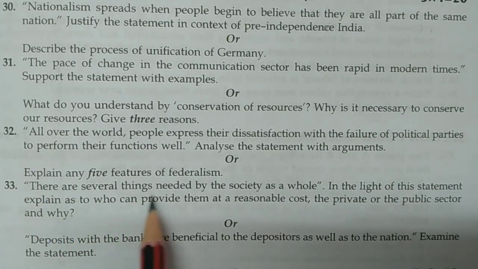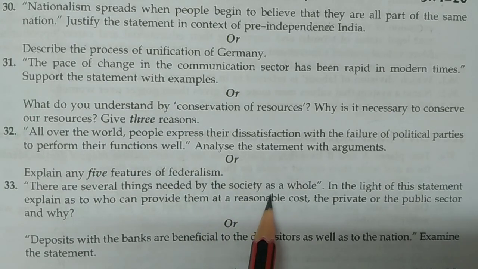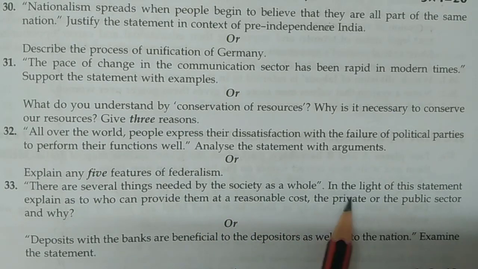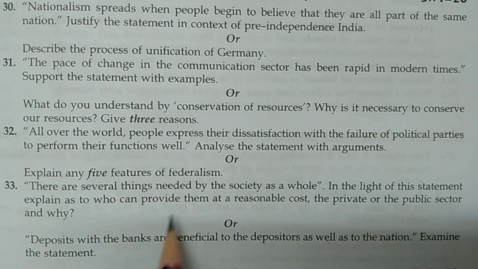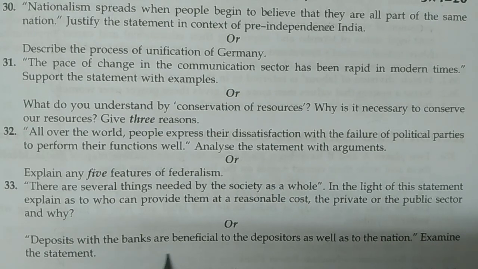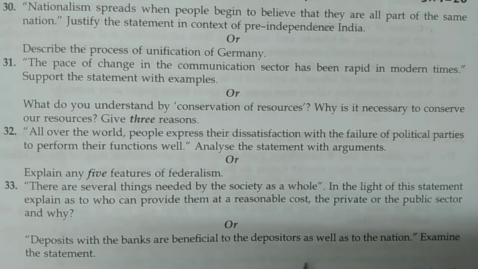There are several things needed by the society as a whole. In the light of this statement, explain who can provide them at a reasonable cost, the private or the public sector, and why. Or, deposits with the banks are beneficial to the depositors as well as to the nation. Examine the statement. These questions are really very important. You must practice properly.